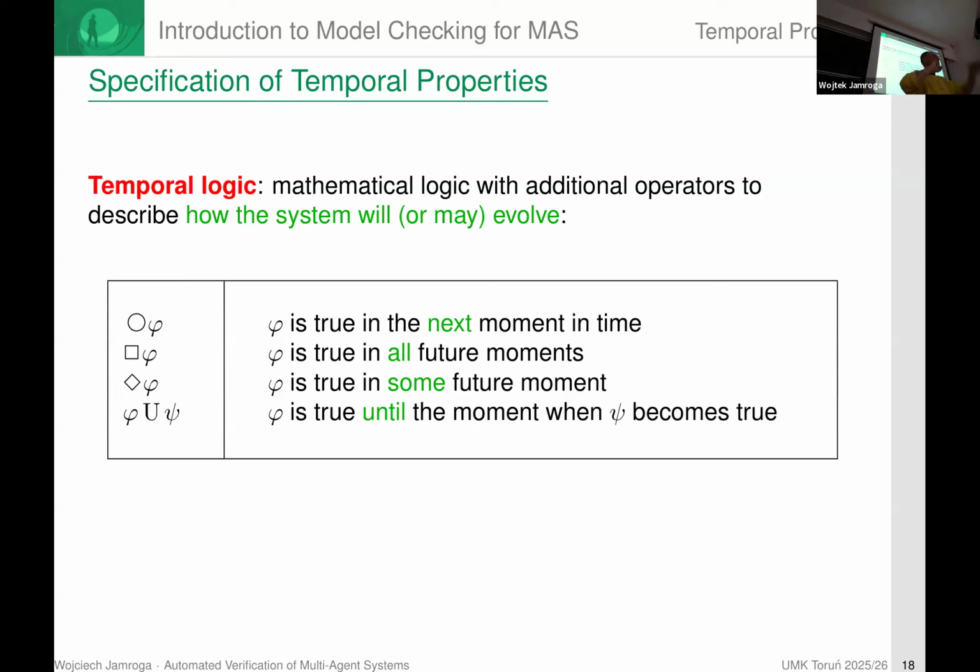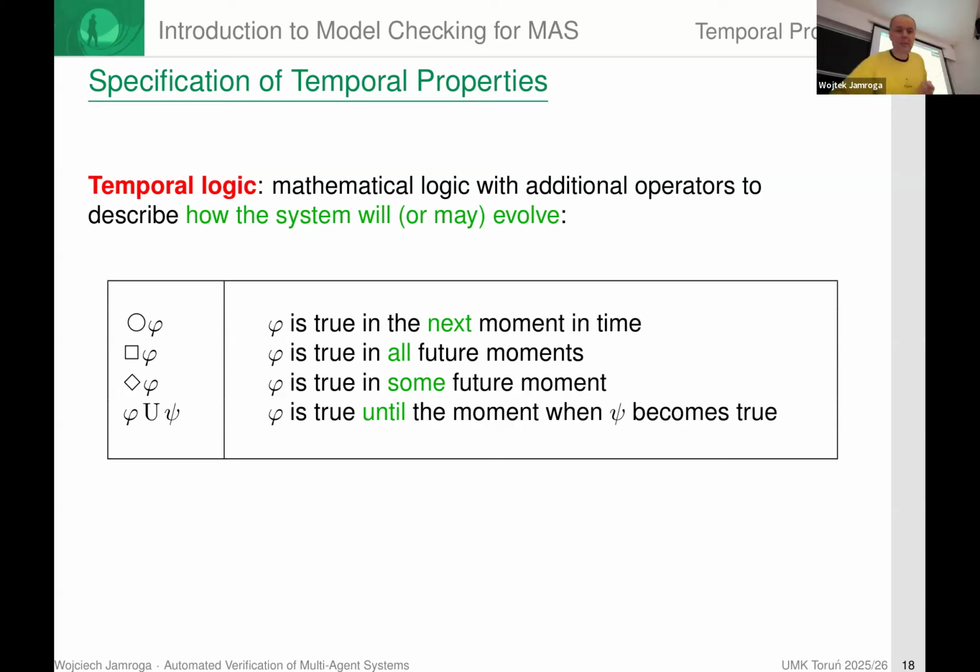So this state, the next state, next, and so on, until the end of time. We might want to say that phi is true now, we express it by just phi. Phi is true in the next moment, we use the circle. So maybe now I haven't cast my vote yet, but in the next moment, the vote will be already cast.